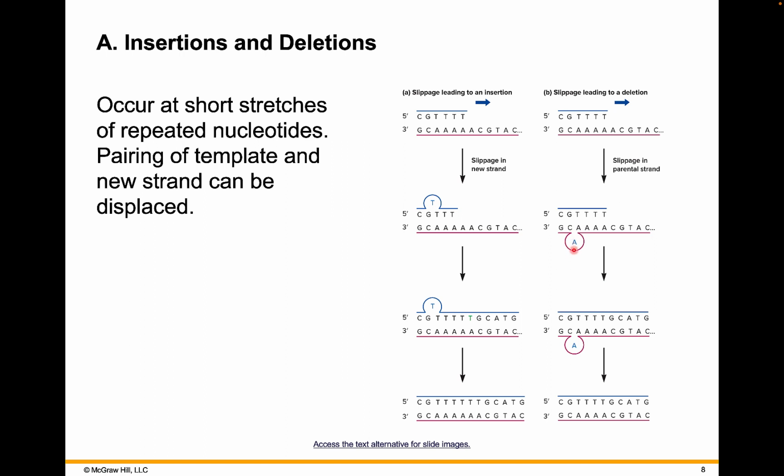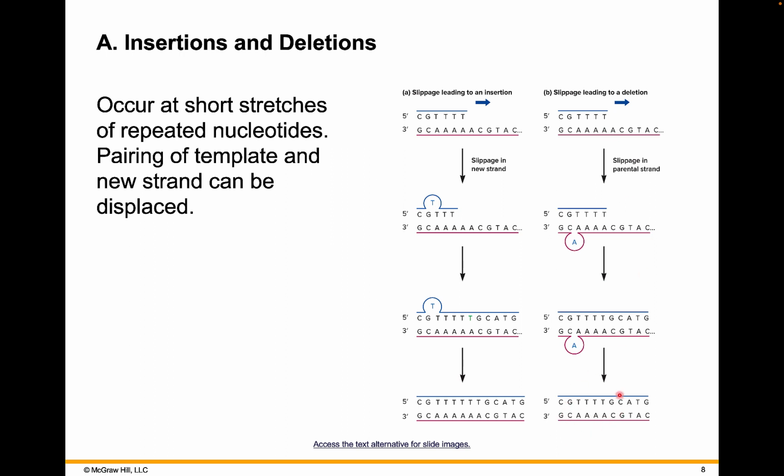Now you have this CG, and then you have T's. Just due to this, one of the A's, initially it was 1, 2, 3, 4, and 5 A's, is deleted. You have 1, 2, 3, 4, 4 A's basically. So right here you have a deletion. Originally you have 5 A's, 1 A is deleted. Now you have 4 A's.